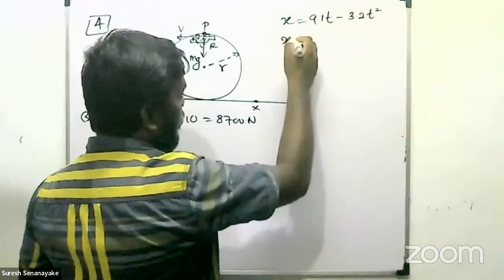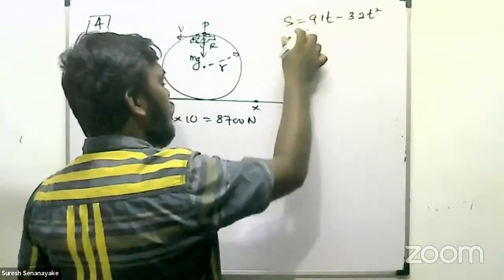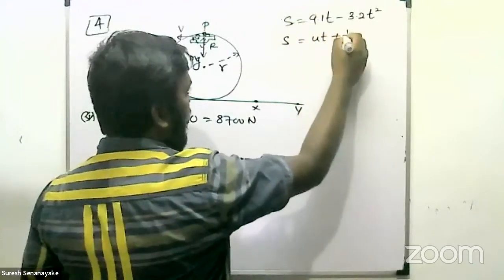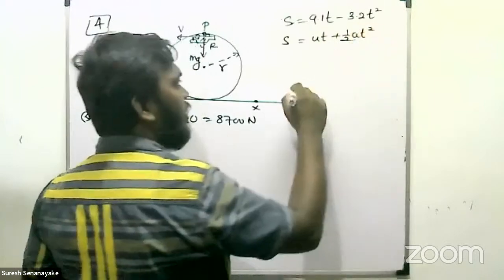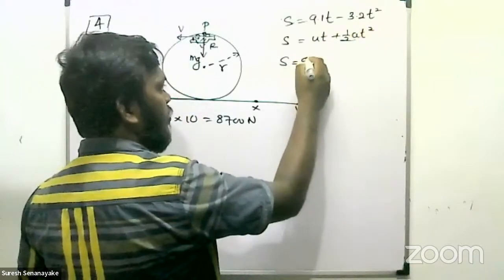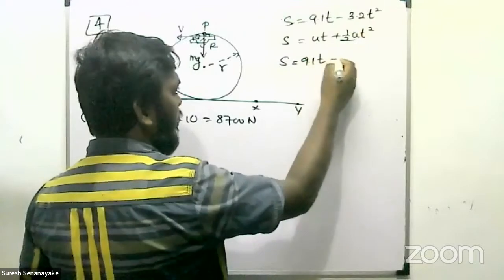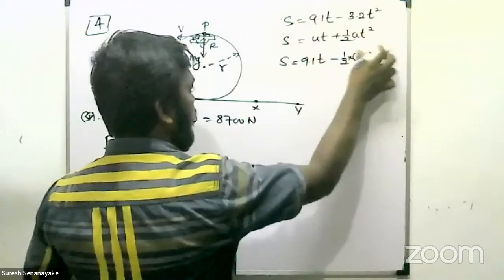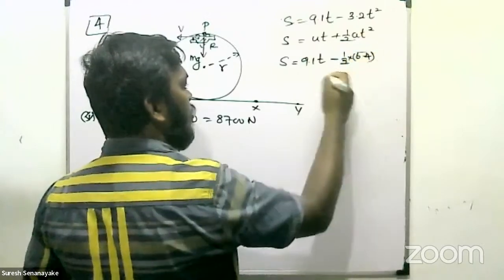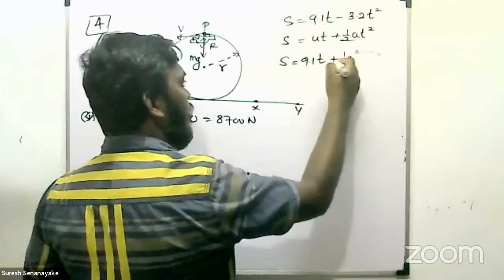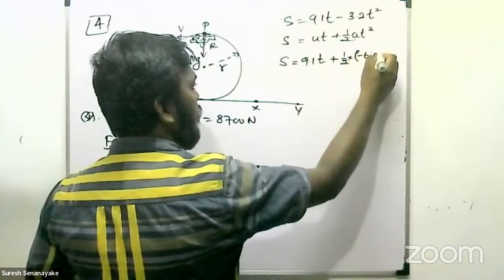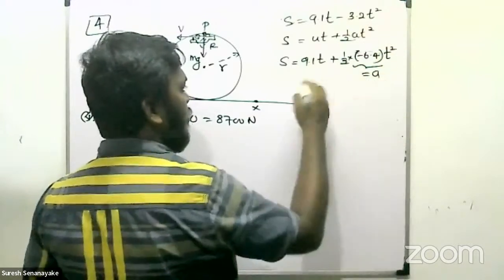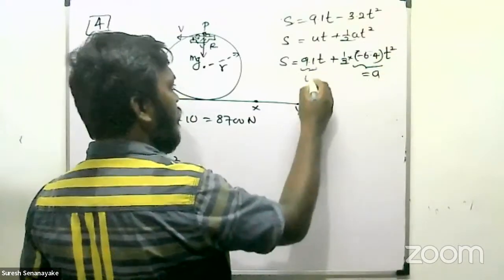You can rearrange this equation like this. We know that S equals ut plus half at squared, the original equation. So 9.1 is the initial velocity, minus half into 6.4 gives 3.2. This is the deceleration and this is the initial velocity.